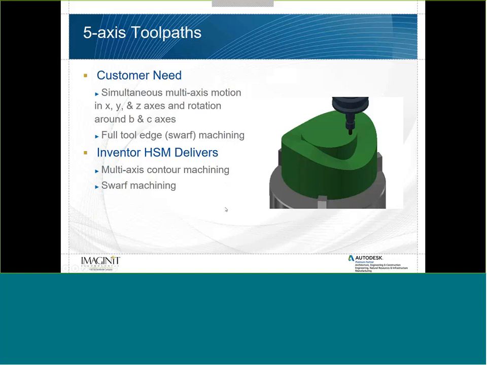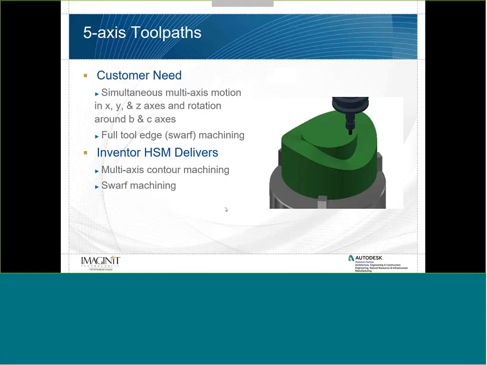So the last thing that we're going to talk about here is our 5-axis toolpaths. So the customer need is simultaneous multi-axis motion in the X, Y, and Z, as well as rotation around the B and C axes, right? Rotation around the Y and Z. And another need is the ability to take advantage of full tool edge or swarf machining to go through and mill the component, down using the long edge of the tool instead of just having to work on the tip.